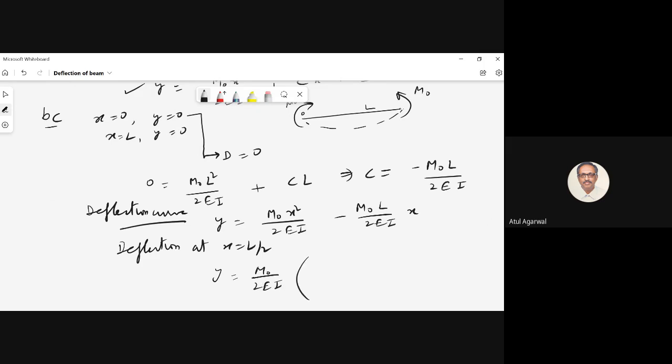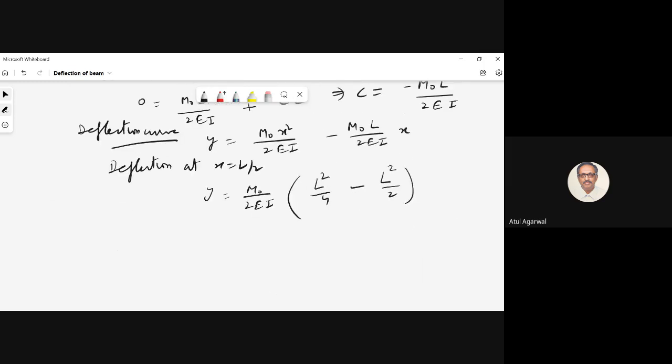So x square is L square by 4 minus L square by 2.